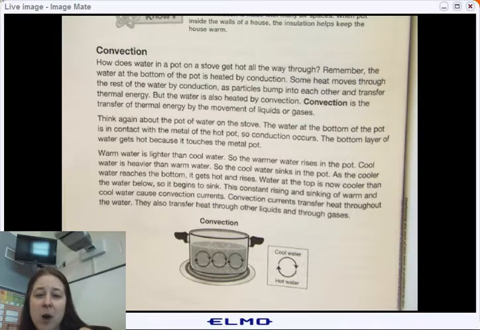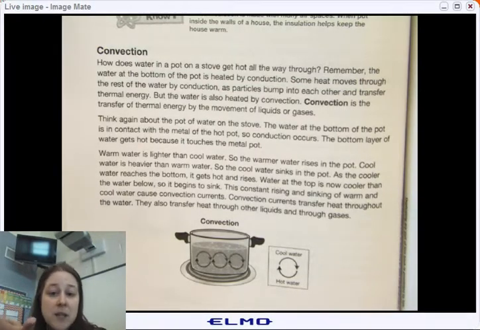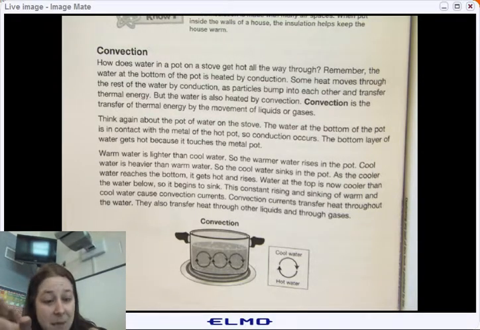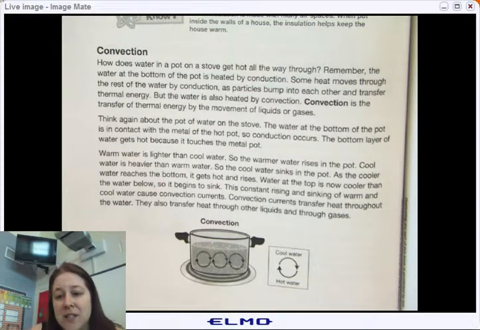Think again about the pot of water on the stove. The water at the bottom of the pot is in contact with the metal on the bottom of the pot, so conduction occurs. The bottom layers of the water get hot because the metal is touching it. Warm water is lighter than cool water, so the warm water rises in the pot.